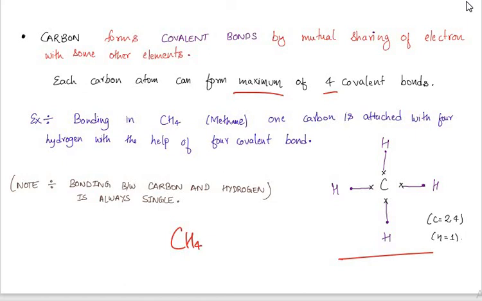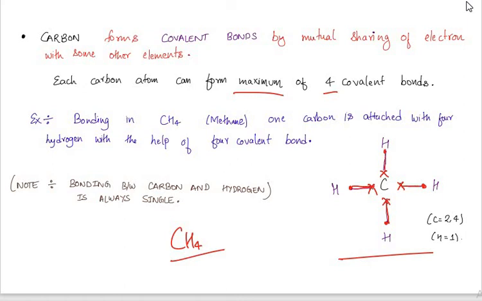As we all know, methane is a gas. Here the crosses represent carbon's electrons, and the dots represent hydrogen's electrons. Since hydrogen forms a duplet, it will share 1 electron with the carbon and complete its duplet.